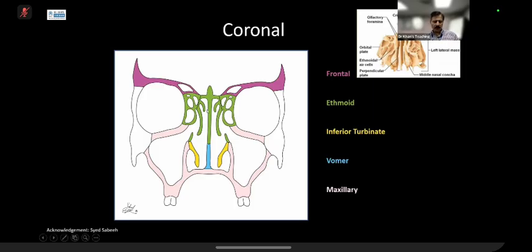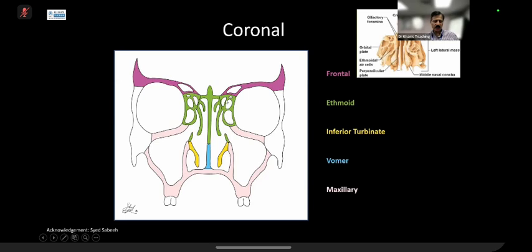Now, from here is the perpendicular plate of the ethmoid. So this is the perpendicular plate, which is seen here. Now, there is a complex structure here and a complex structure here. This is the lateral mass, also known as labyrinth, whatever you want to call it. So this is the lateral mass.